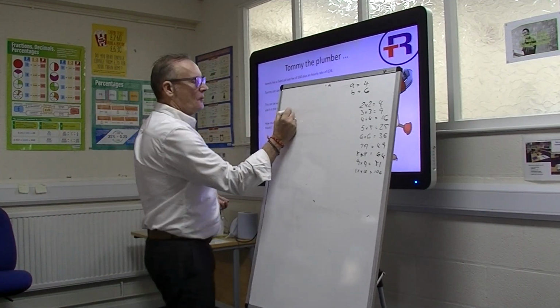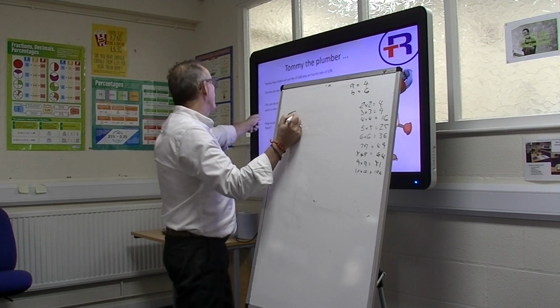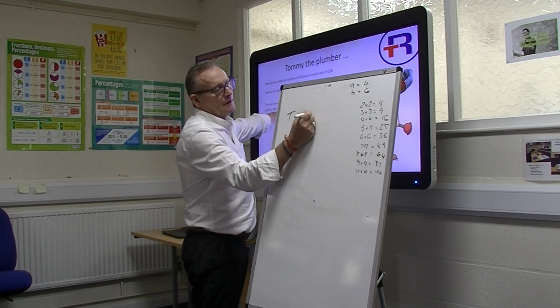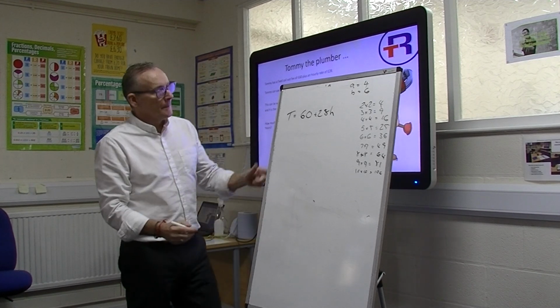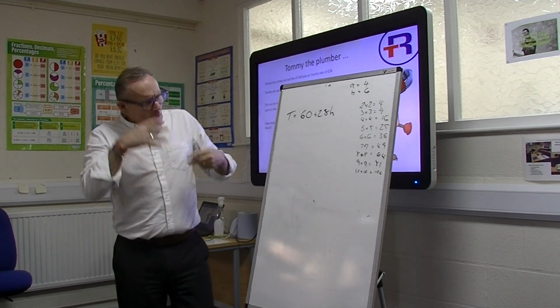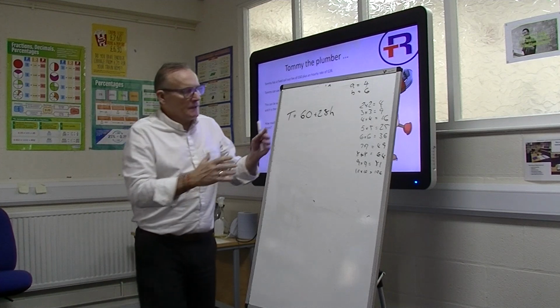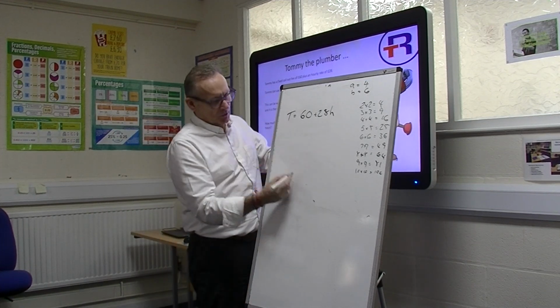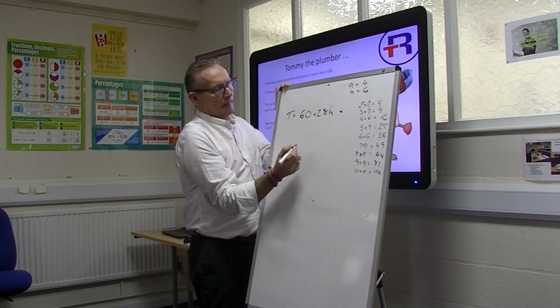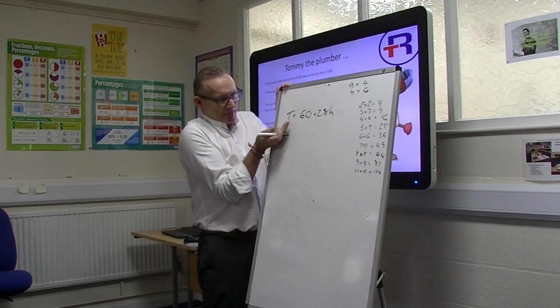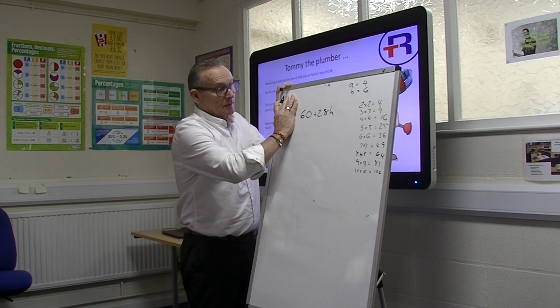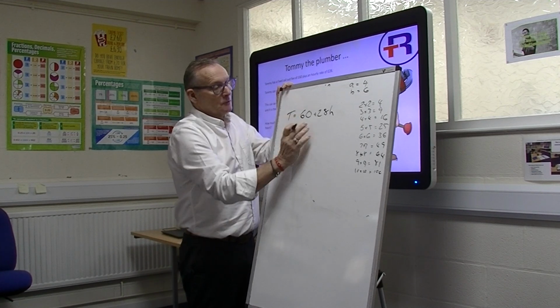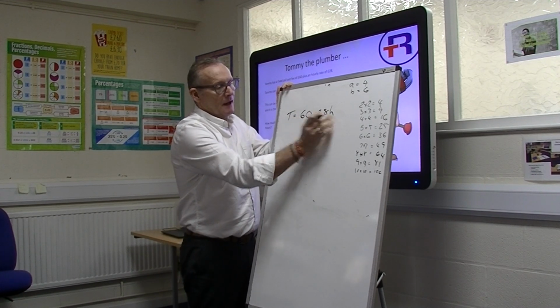So first of all, we write the formula. The formula is T equals 60 plus 28h. What makes these questions look a bit funny is that when we're normally doing a maths question, the equals sign comes at the end. But in this instance, it comes at the beginning, so it looks a bit funny. T just stands for the total. The total is equal to 60 plus 28h.